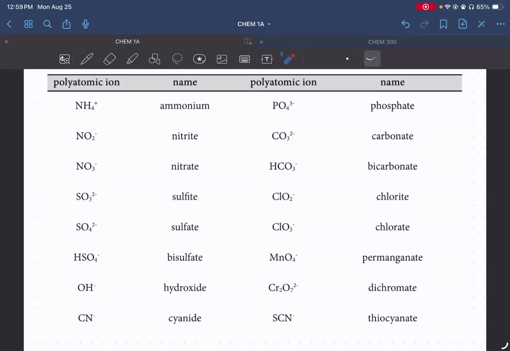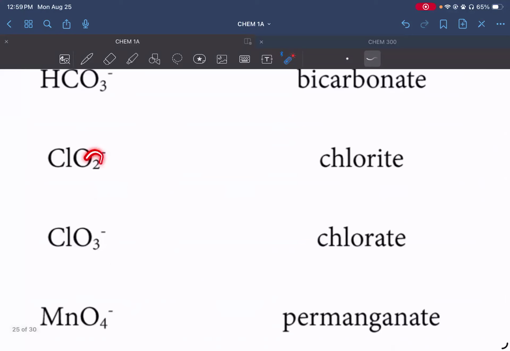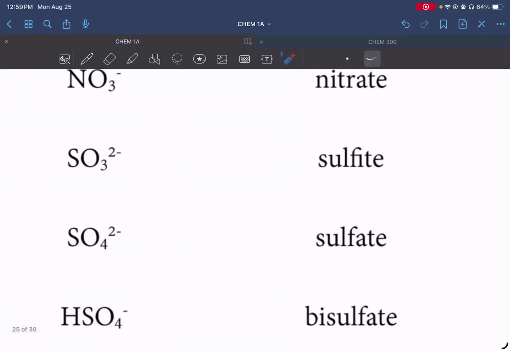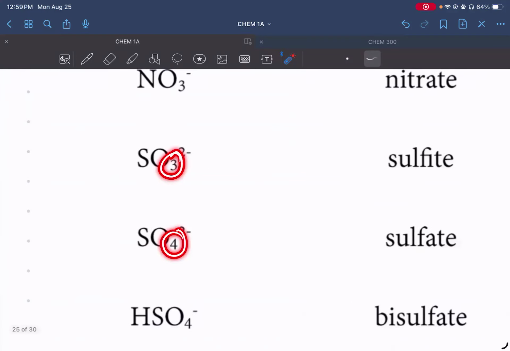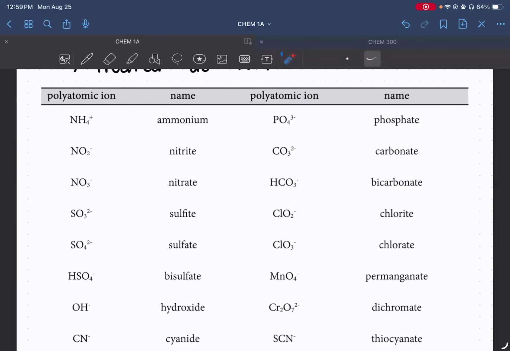But for the list I'm expecting you to memorize, yes. What Sarah is pointing out is that the lower number of oxygens is typically the -ite, and the larger number is typically the -ate. That actually appears here again, SO4 and SO3. That is absolutely true of this subset. But if you were to look at the entire list in the textbook, it may not be perfect.